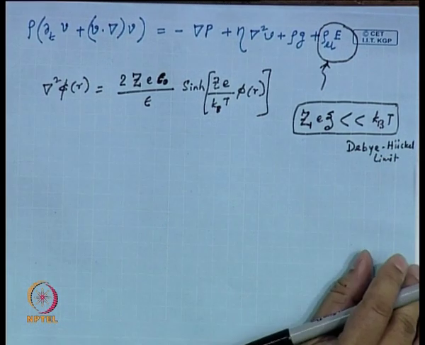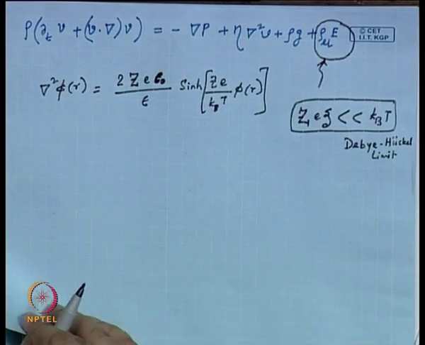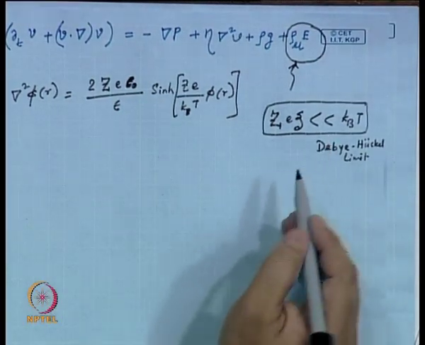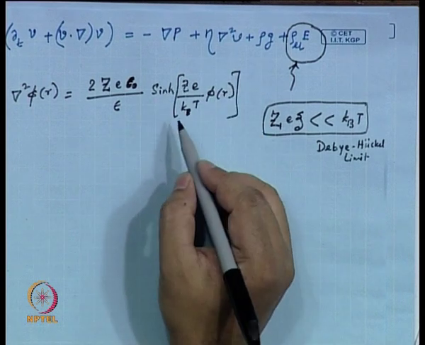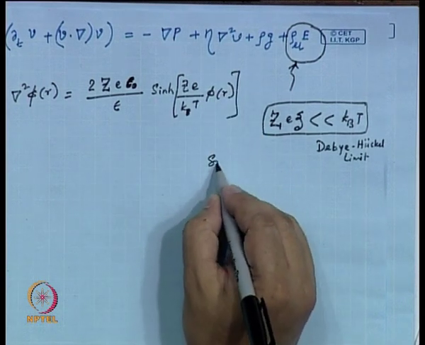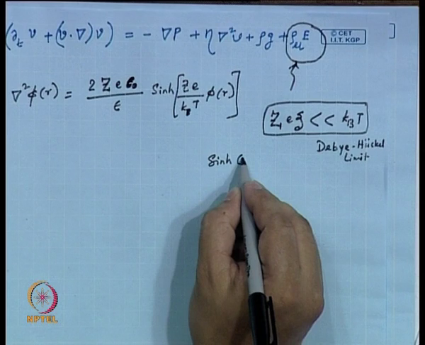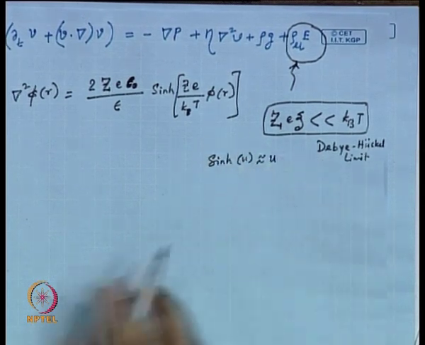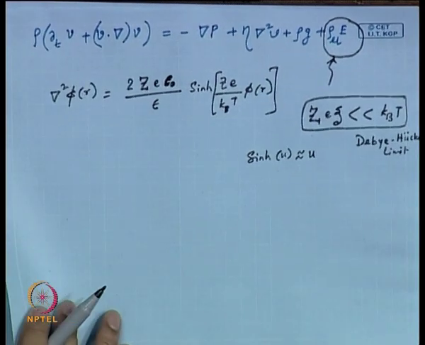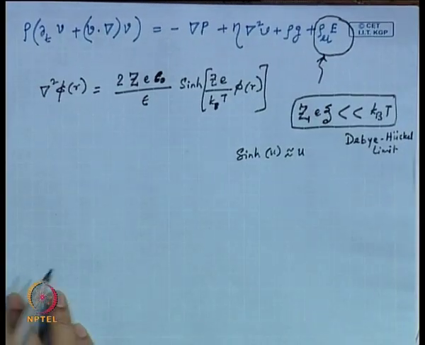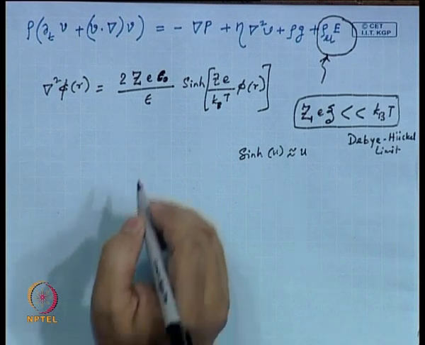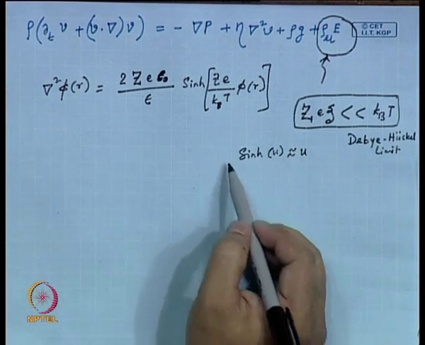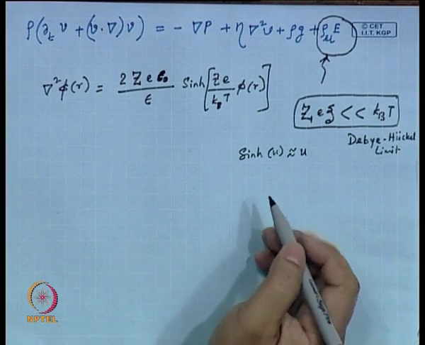When this is happening, you can make an approximation that sinh u is equal to u when u is small. That is exactly what we are doing here. This comes from the Taylor series expansion, ignoring the other higher order terms.